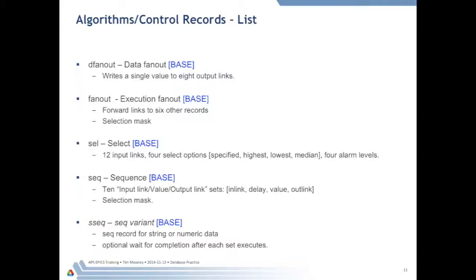Which is a pretty handy thing, because if you want to do a sequence of operations and you want to make sure that the first operation is done before the second operation starts. With the sequence record, you can put a delay in there, but you're not guaranteed that the second operation won't start until after the first operation is finished. So the string sequence record addresses that kind of a need.